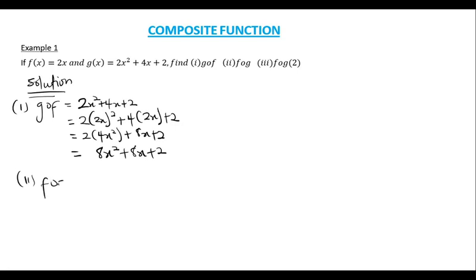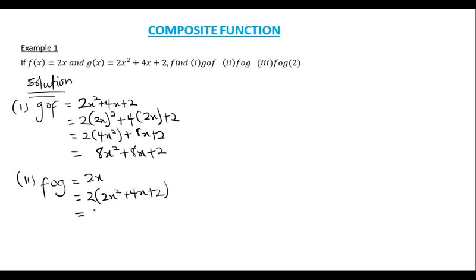f of g. So f of g is the same thing. We write the function f, which is 2x. Then we substitute in place of x the entire function g of x. So we have 2 into bracket 2x squared plus 4x plus 2.